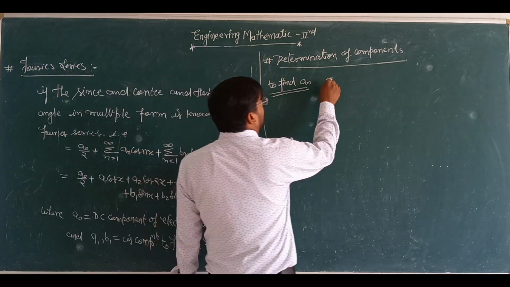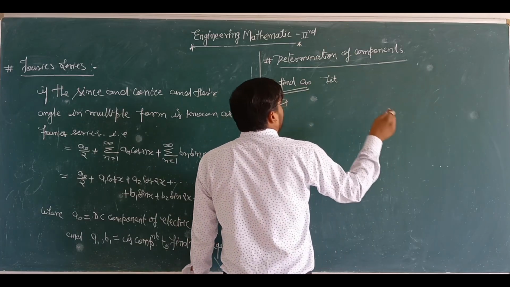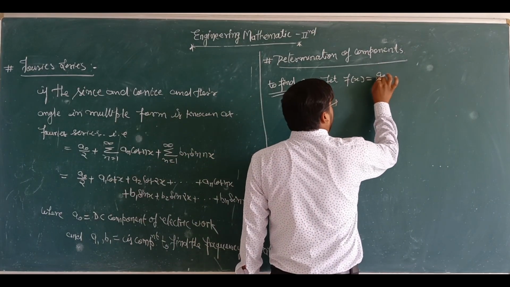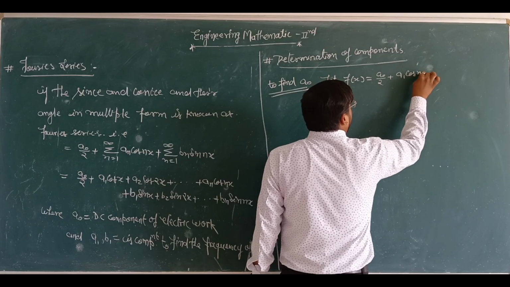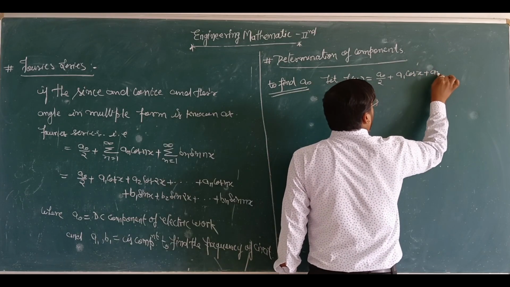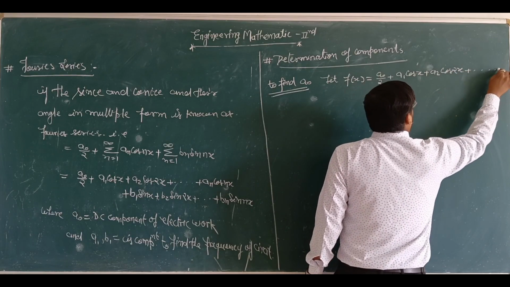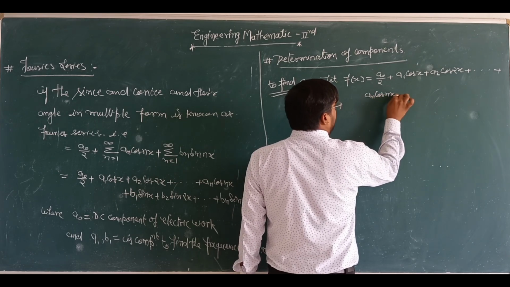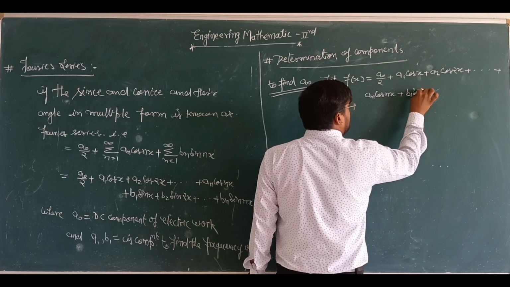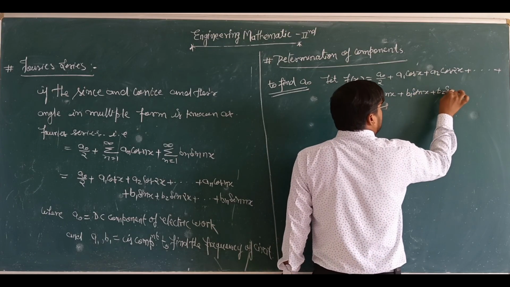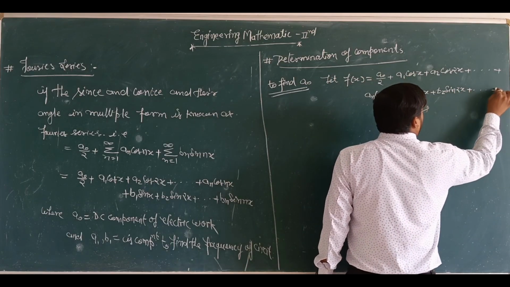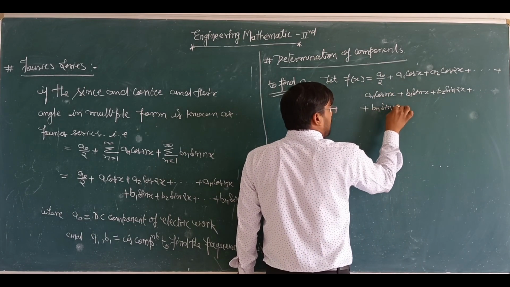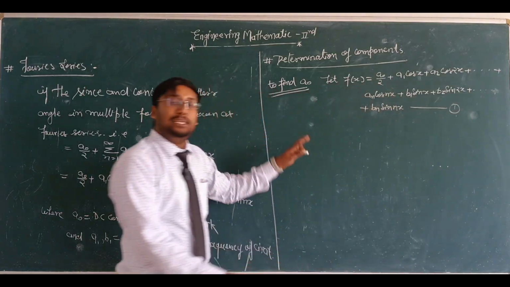Now let f(x) be equal to, you can note down, f(x) = a naught by 2 plus a1 cos x plus a2 cos 2x plus and so on plus an cos nx plus b1 sin x plus b2 sin 2x plus and so on plus bn sin nx. This is equation number first. It is a Fourier series.